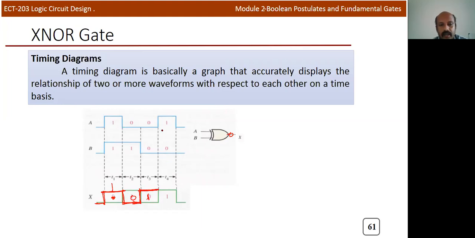And here the inputs are different, one is 1 and the other is 0, so it's opposite and I need to put 0. Here both inputs are the same, so again the output will be high. Here also, if both inputs are 0, 0, the output will be high, and the first case also. Initially it's similar to the XOR gate, but we need to change it to XNOR. So this is the actual one.